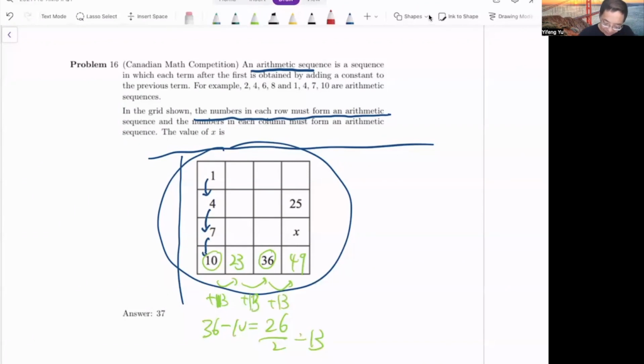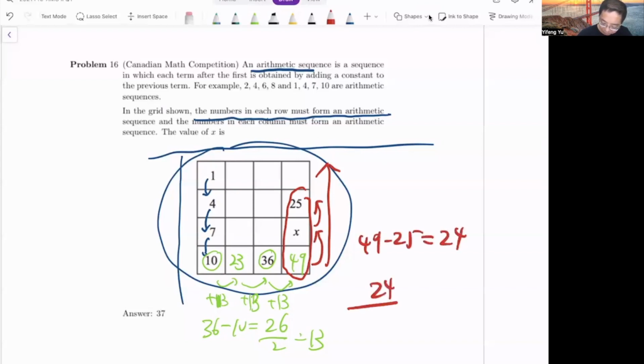Now again, this one is also an arithmetic sequence. Each time you add this, and then add this. Now 49 minus 25 is 24, and 24 divided by 2 is 12. So that means each time you add 12.